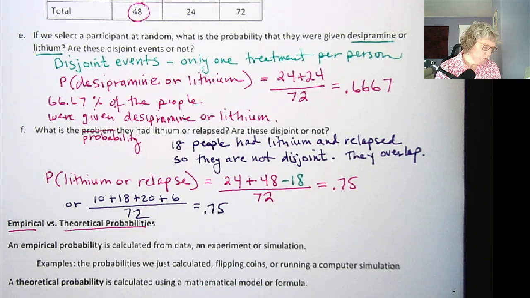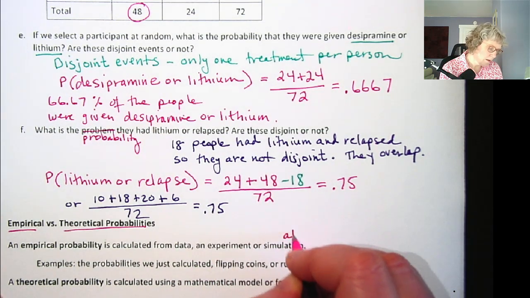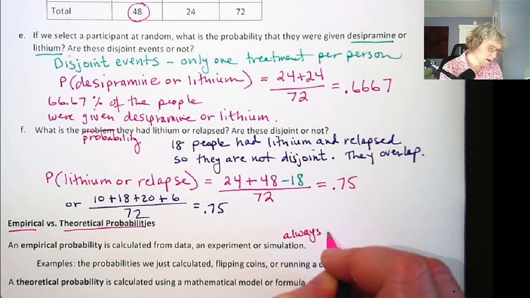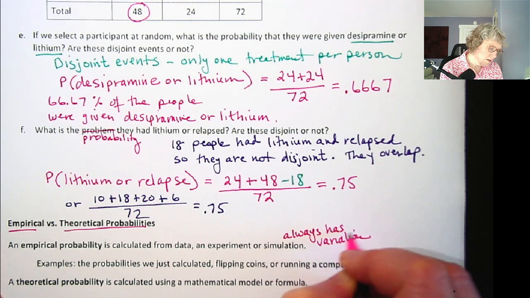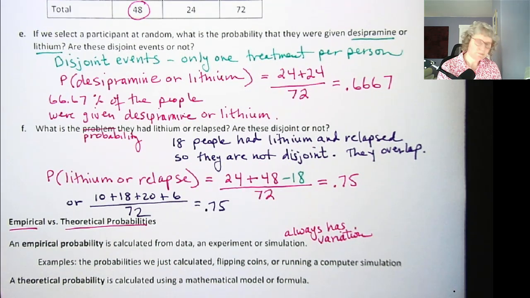That's mostly what we're doing in this class, empirical probabilities. Keep in mind there's always variation with empirical. There's always variation with experiment, simulation, and data, right? It's imperfect, in other words.